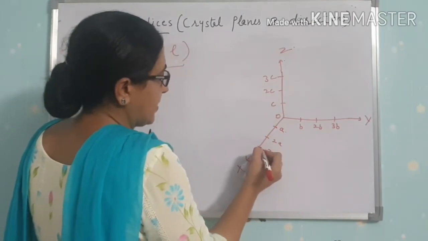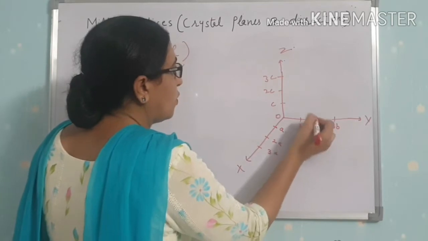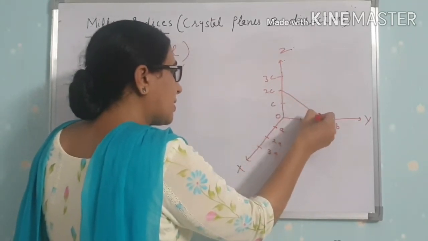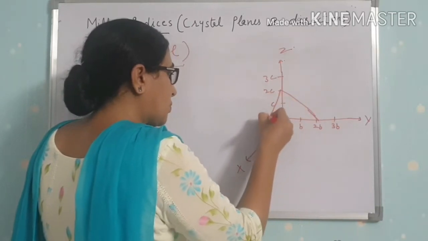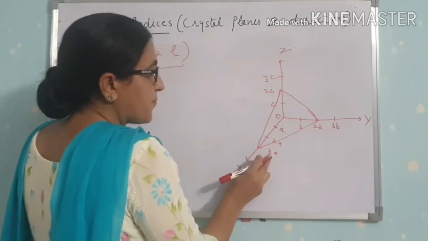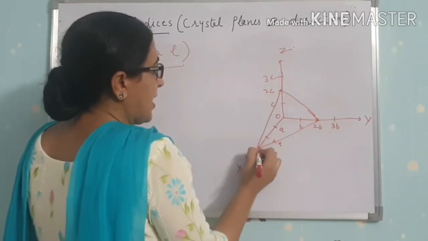Suppose it cuts the x-axis at point 3, so 3, 2, 2. Here is 3, here is 2, here is 2. This point, and this point.